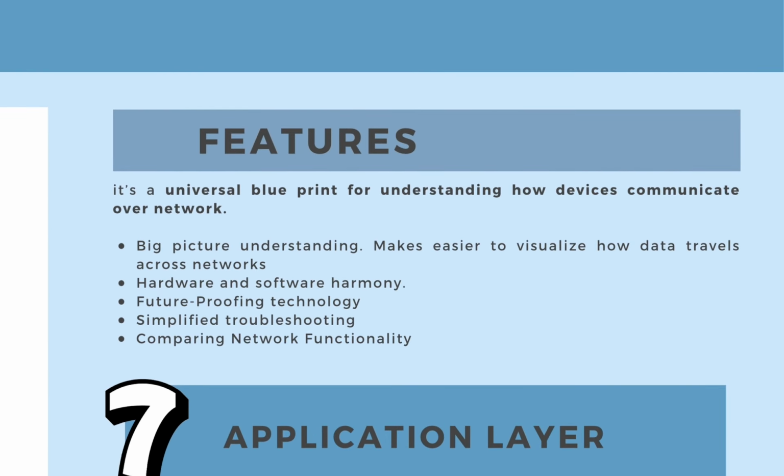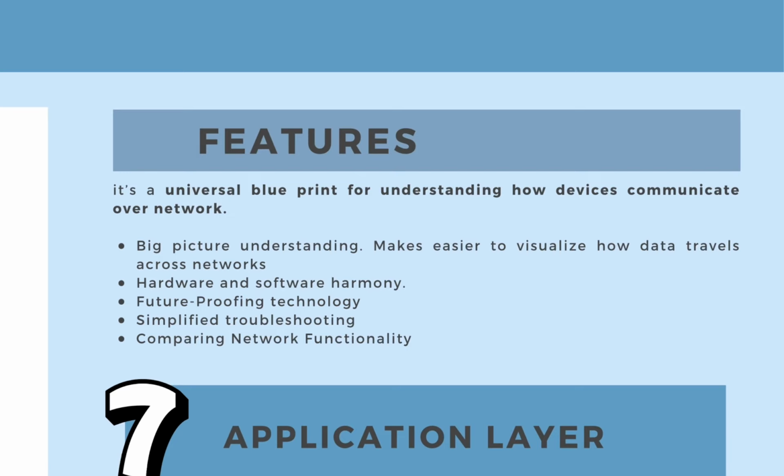We can say it's a universal blueprint for understanding how devices communicate over a network. It provides a big picture understanding. It basically makes it easier to visualize how data travels across networks, and everything is going to make sense when we review each of the layers, I promise you guys.